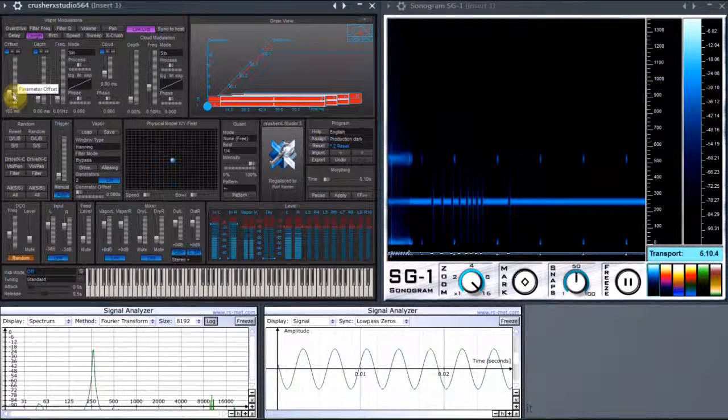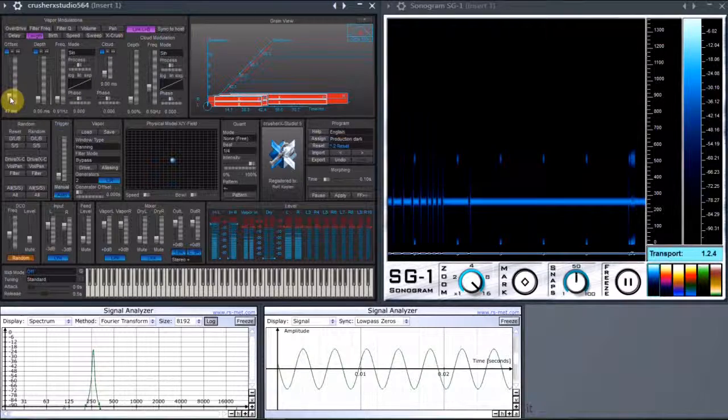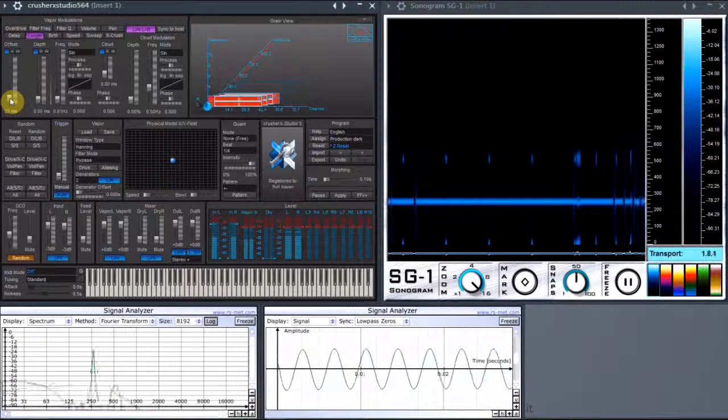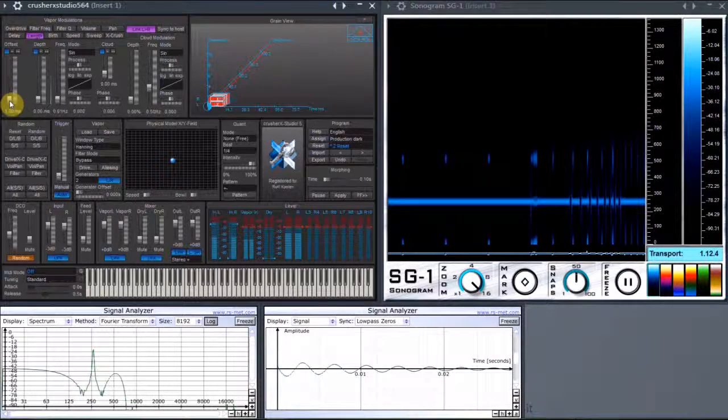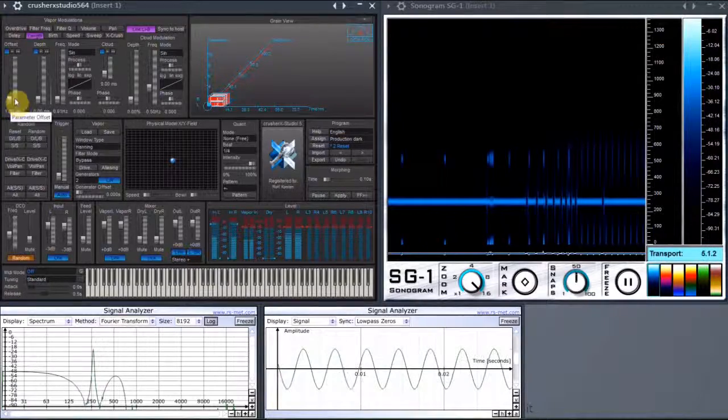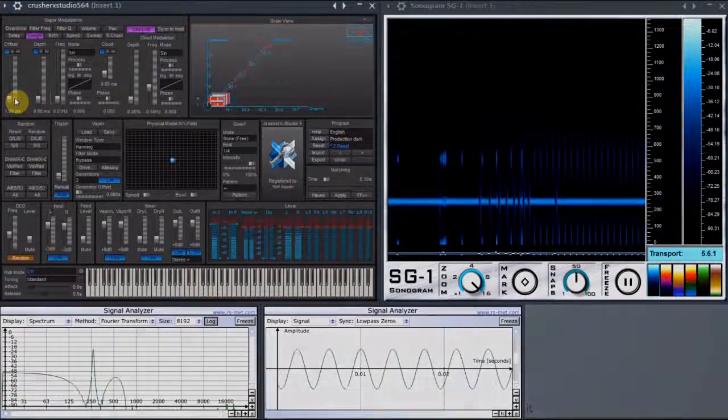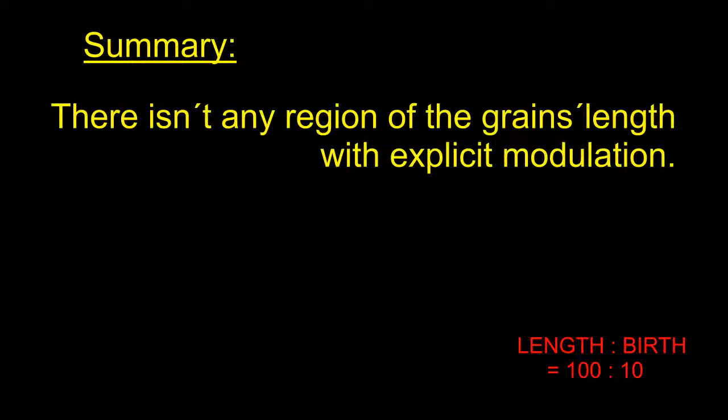The sine wave dominates the sound all the time. Summary. In complete accordance with all of the experiments, there isn't nearly a region of grain length with explicit modulations.